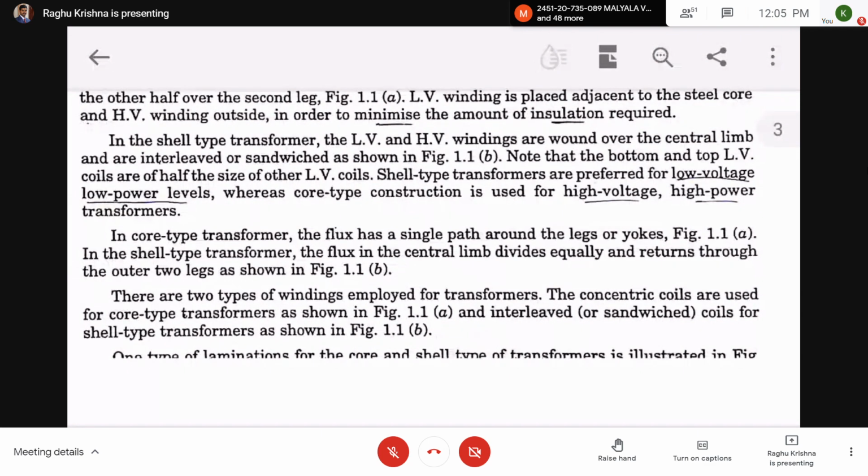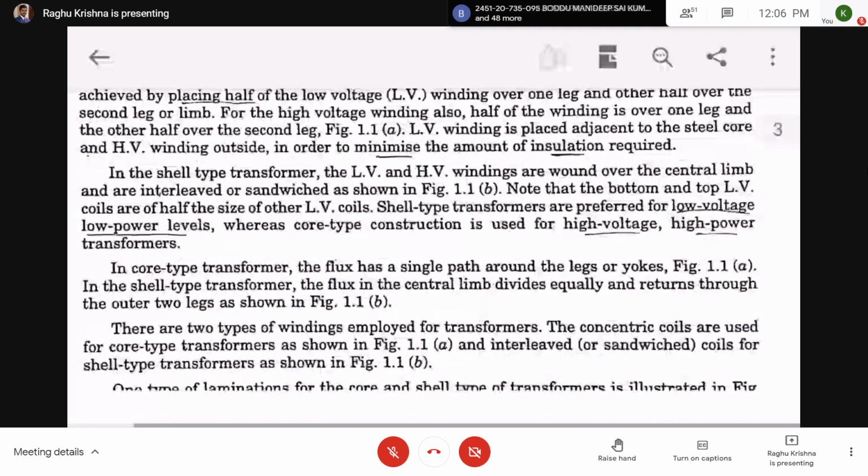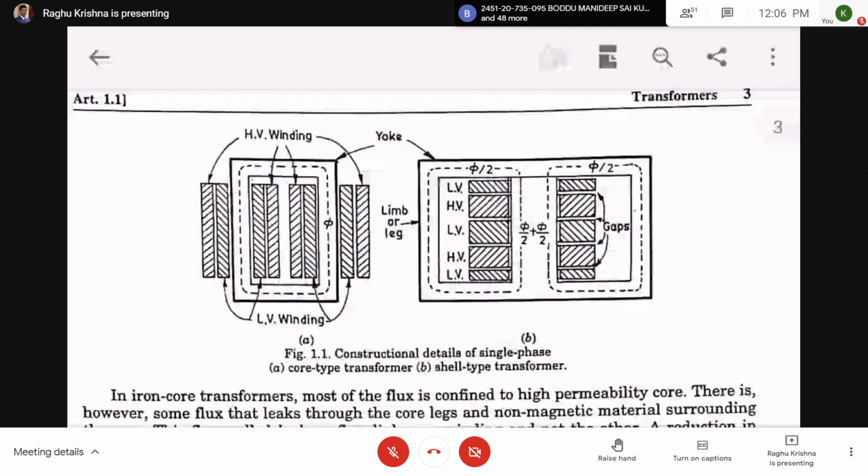First one is the concentric coils as used for core type transformer as shown in figure A, and interleaved, that is sandwiched coils, for shell type transformers as shown in figure B. So you can see concentric coils are placed in a core type transformer, and interleaved windings are placed in the shell type transformer. So this is about the constructional details regarding the winding and the core itself.